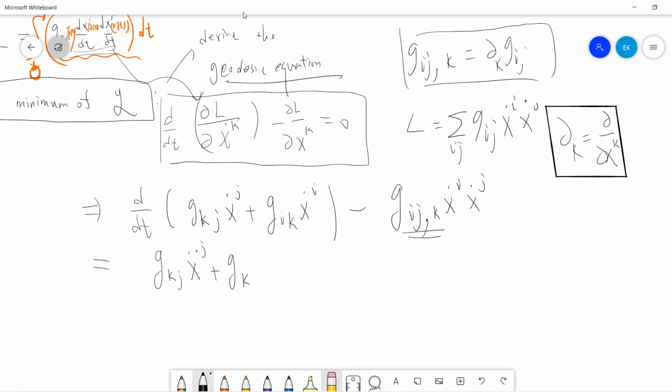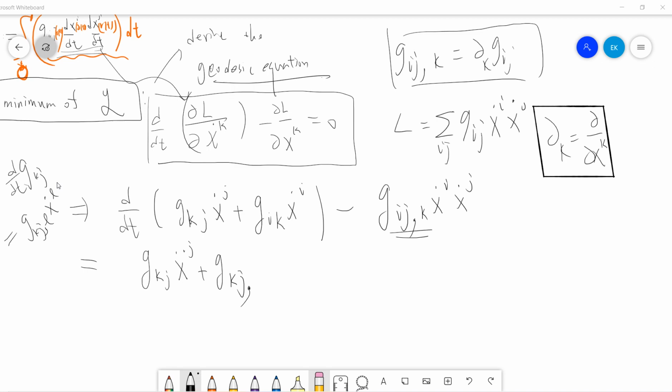There will be a first derivative term, by the chain rule. We use a dummy variable l, so the derivative of G_kj with respect to t becomes the partial l of G_kj times x^l dot. So this is basically the chain rule.